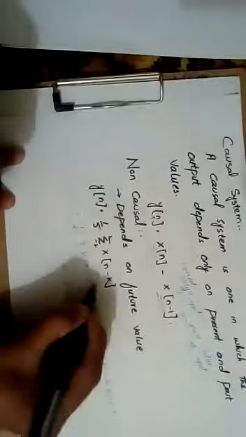If we apply the summation formula, then we have x of n plus 2, plus x of n plus 1, plus x of n, plus x of n minus 1, plus x of n minus 2. As this system depends on the future values of the input, this system is a non-causal system.